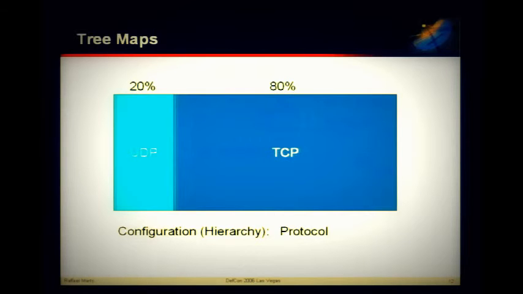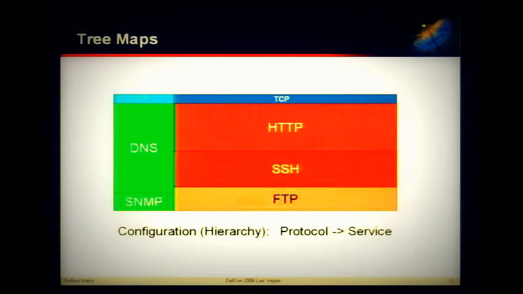Now, if I change the configuration to not just be the transport protocol, but I also want to see the service, then this space is subdivided and the protocols are shown inside. So for UDP, you might see things like DNS or SNMP, probably at a ratio of 90 to 10. And on the other side, for TCP, you see the partitioning into all the TCP protocols you have.